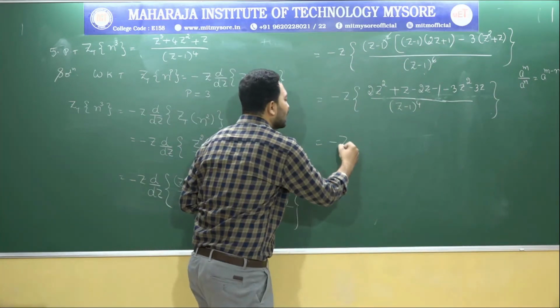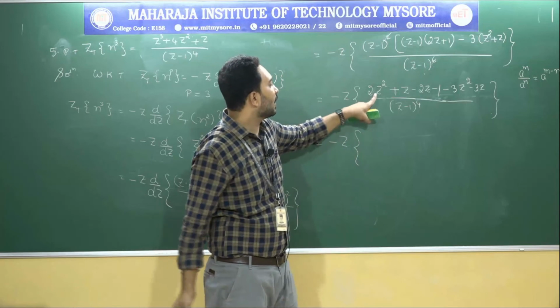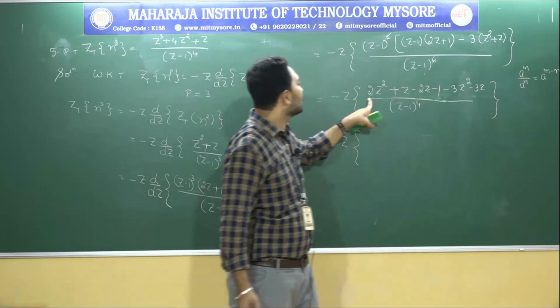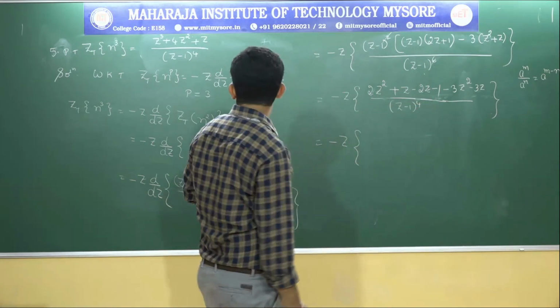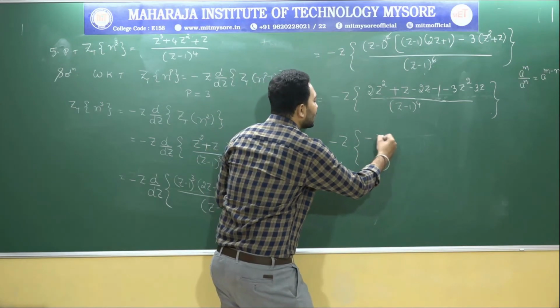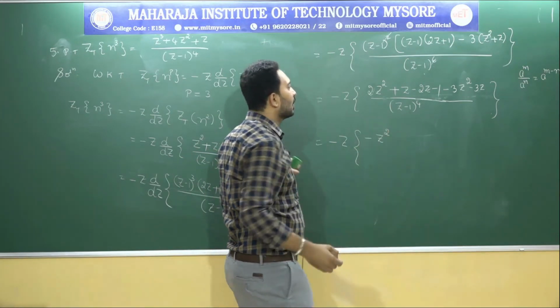Next, minus z into, here we have 2z square minus 3z square, which gives minus z square.